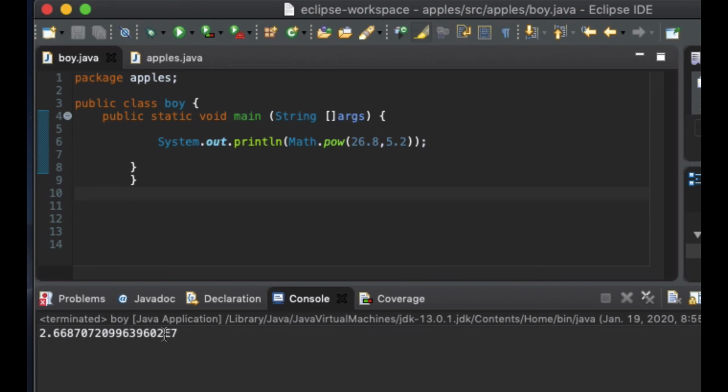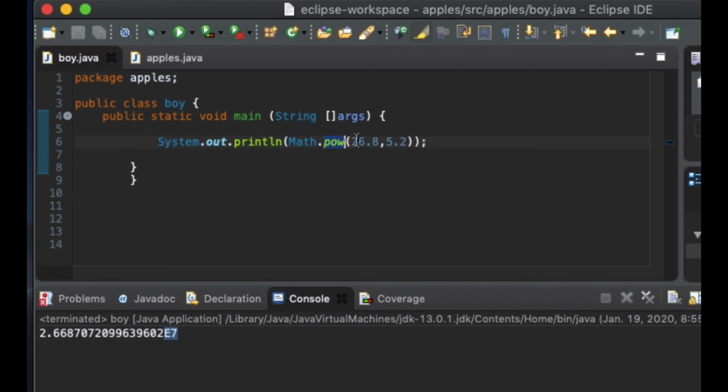Okay, E7 is 10 to the power of 7. I was wondering why we are getting something like 2.6 when 26.8 to the power 5 should be a big number. I was wondering why I'm getting a small number. Now I see E7 is times 10 to the power of 7. It's scientific notation.